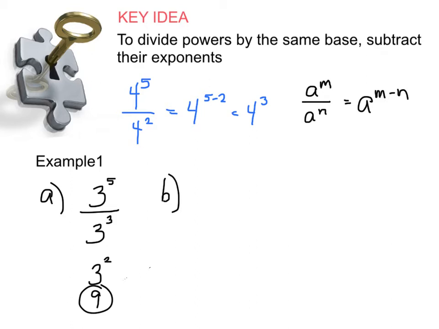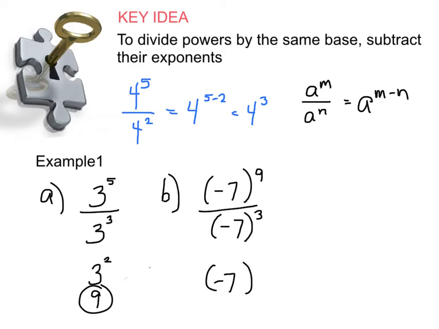B, negative 7 to the 9th divided by negative 7 to the 3rd. We have the same base. So we're going to subtract the powers, and what will we get? Negative 7 to the 6th power. Once again, those parentheses must be there.